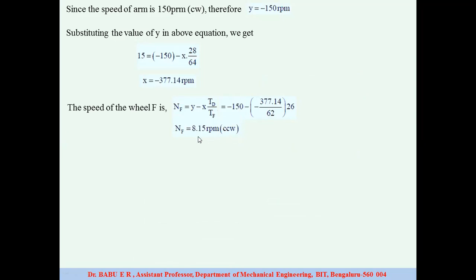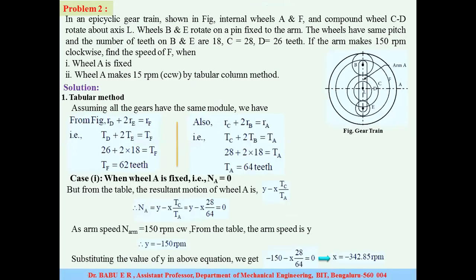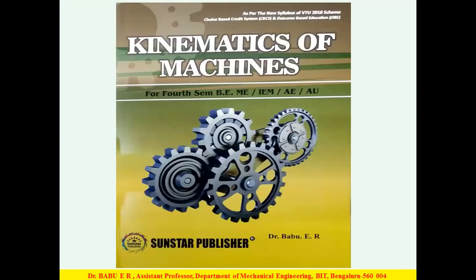It is compulsory to represent the direction of rotation of the gear. This is the way of solving the problem by the analytical method as well as the tabular column method. For more problems, you can refer to this textbook, which is authored by me. Thank you.